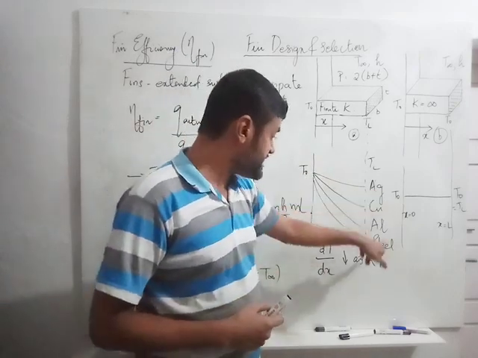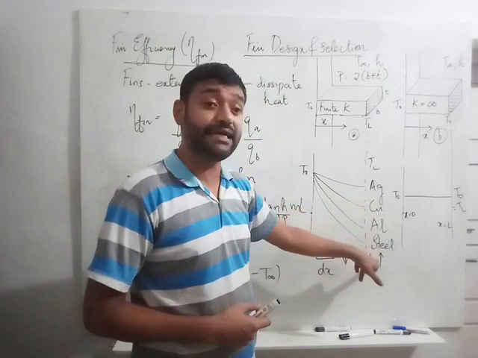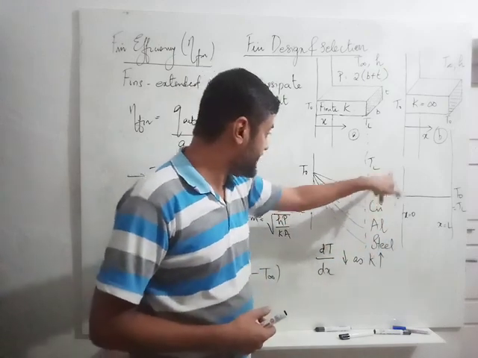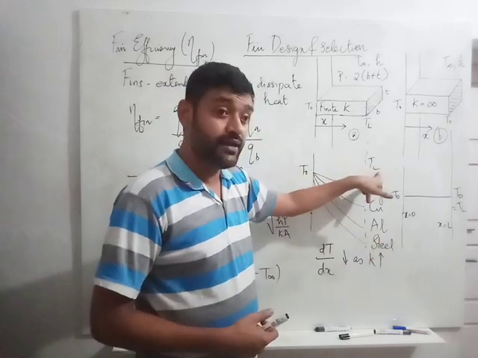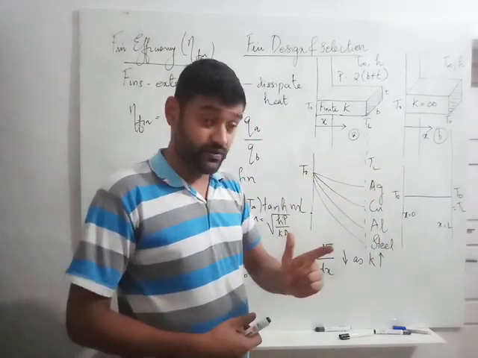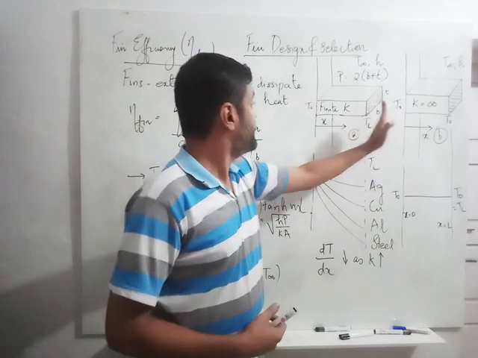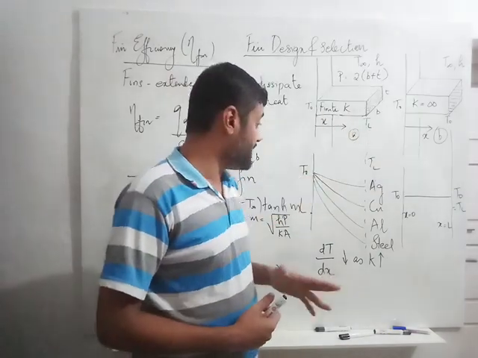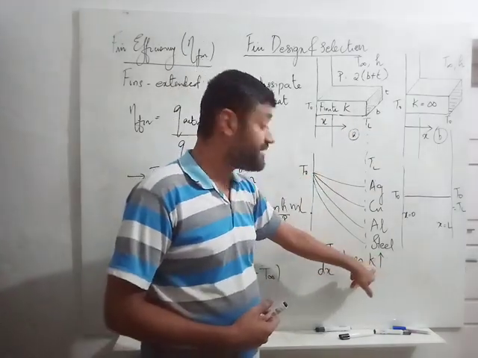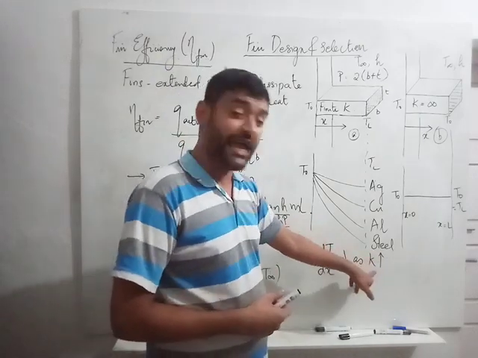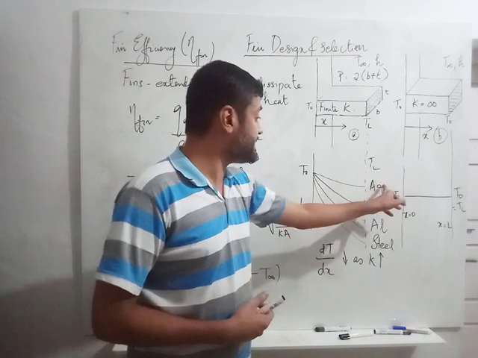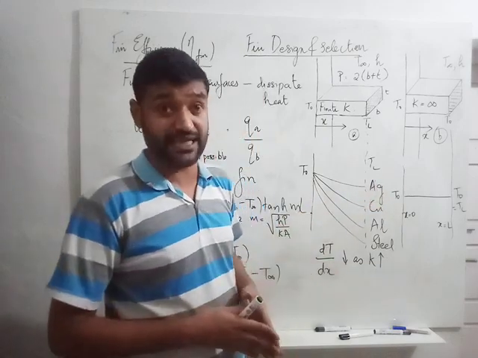Now, I have arranged these materials in the order of decreasing K. Now, as K decreases, it is seen that the value of T0 minus TL keeps on increasing, or in other words, the temperature gradient across the fin over a length L keeps on increasing as my value of K decreases. Vice versa, if my value of K increases, the temperature gradient across the fin is much lesser.